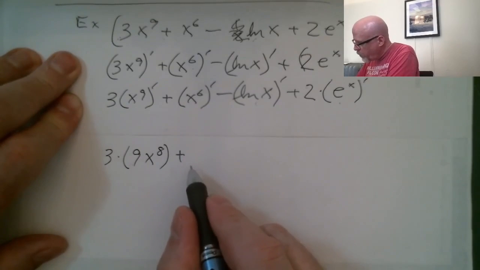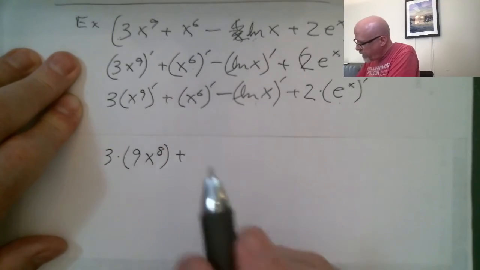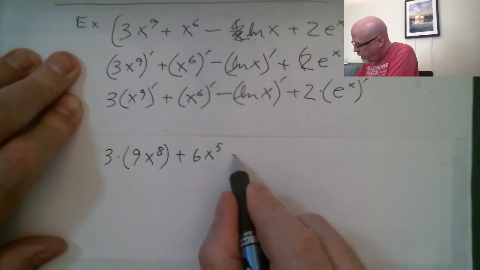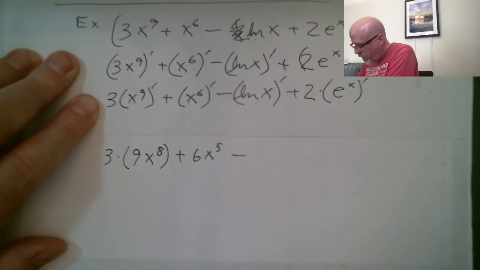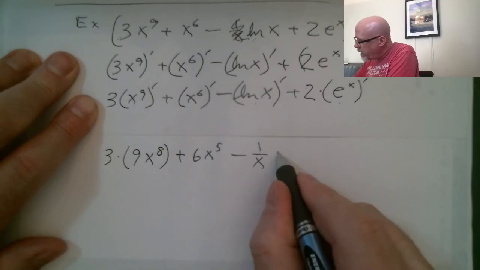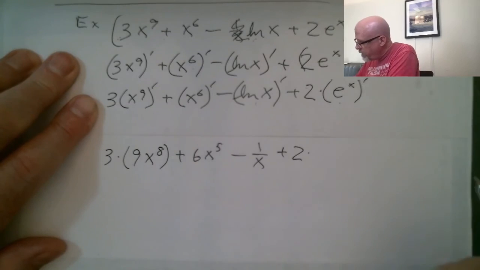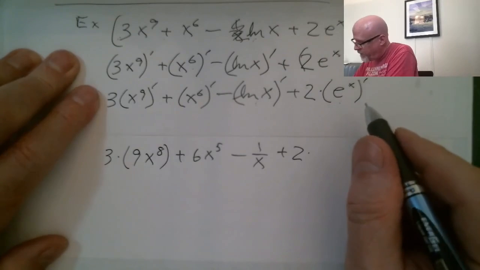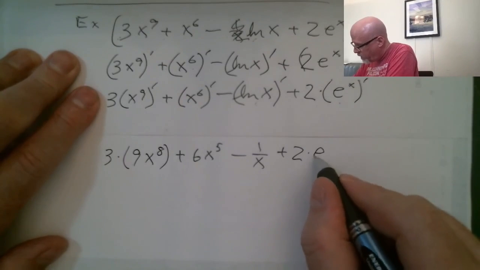The next guy's derivative is 6 times x to the 5th power. That one is the special case I mentioned. Log's derivative is 1 over x. And the last one is 2 times something's derivative, but e to the x is the other nice one that's pretty cool. It just is its own derivative.